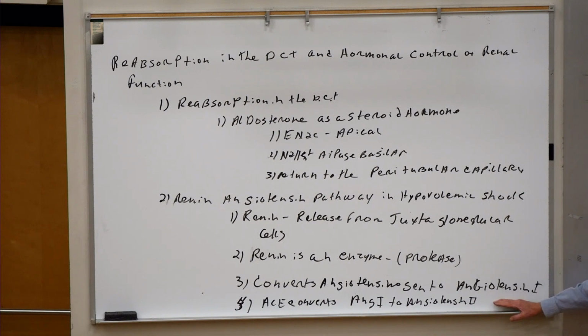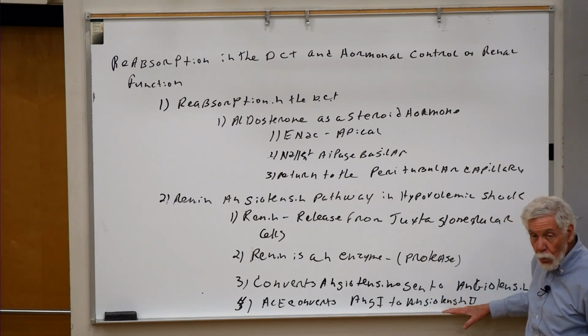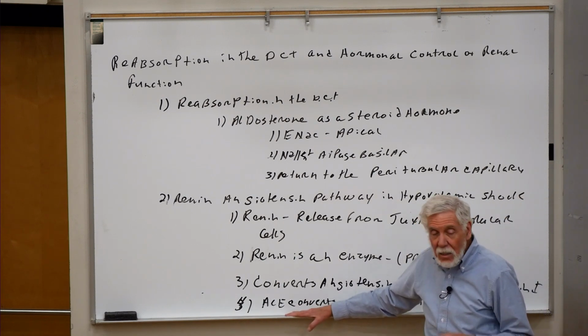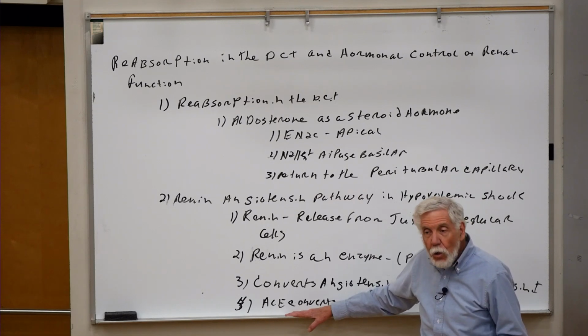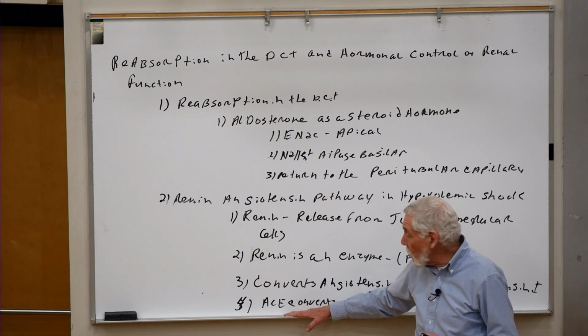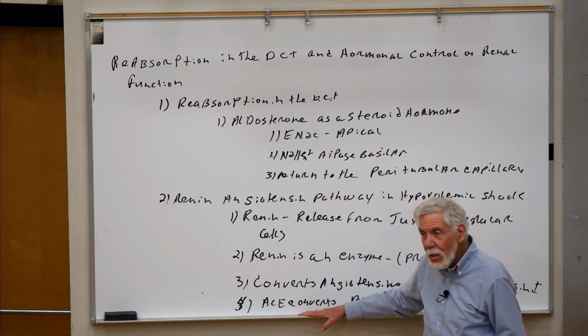Angiotensin 1 isn't active either. It doesn't do much of anything. But then angiotensin 1 is converted to angiotensin 2. There's this important enzyme called angiotensin converting enzyme that's located on the apical sides of endothelial cells throughout the blood vascular compartment.